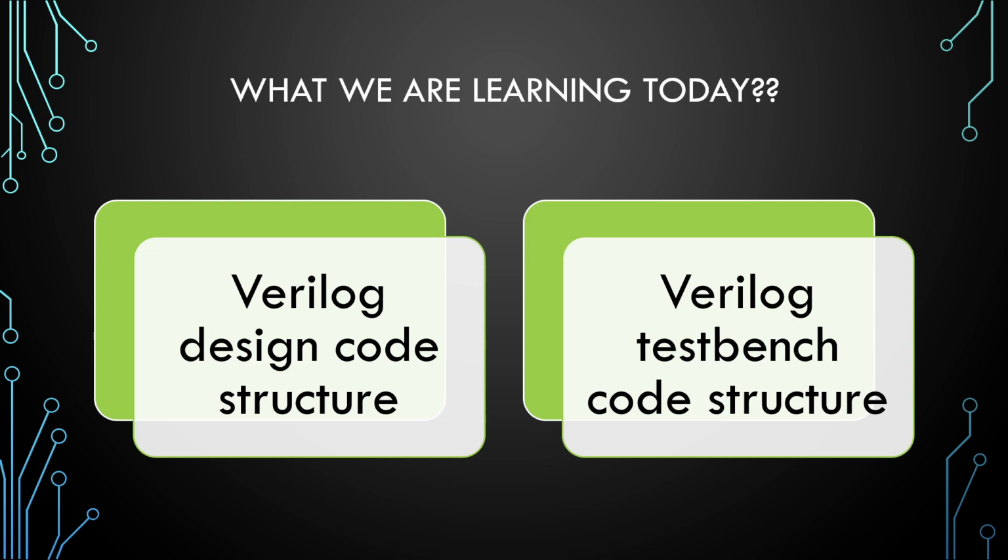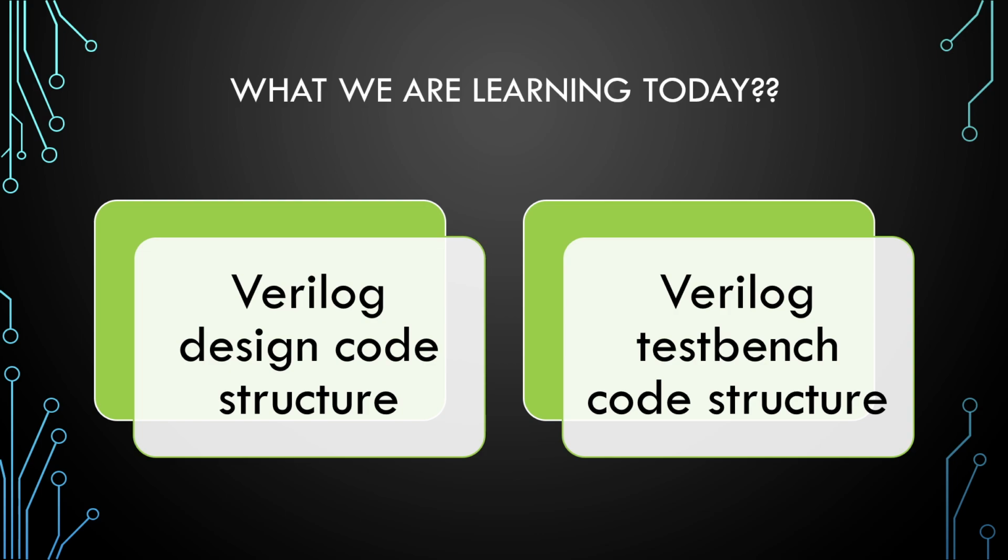Why we are learning this? We are learning this because once you start getting acquainted with the data types or the modeling styles and different styles of coding, this will be helpful so that you can directly apply them so that you can write a meaningful code. So in this session I just want you to be introduced to the coding structure for design and the coding structure for test bench.